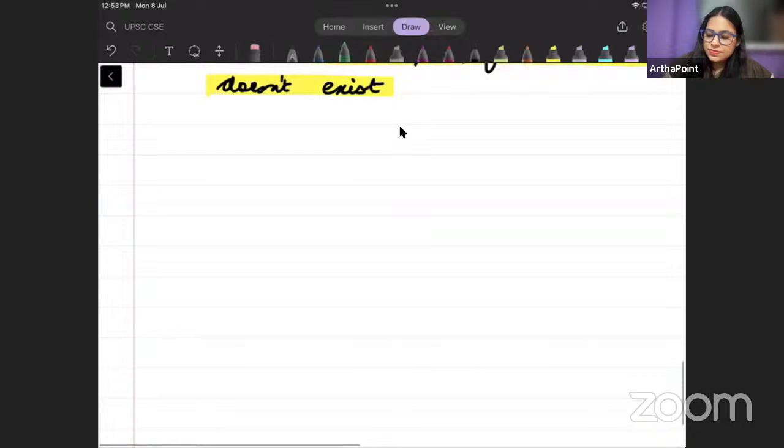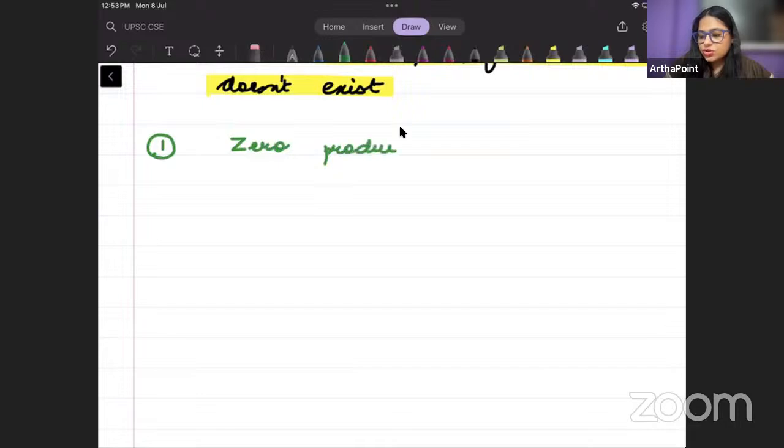First case. This is when you have the zero production case. So the first case where market equilibrium does not exist is the case of zero production. How can we show zero production? Just try to see here.